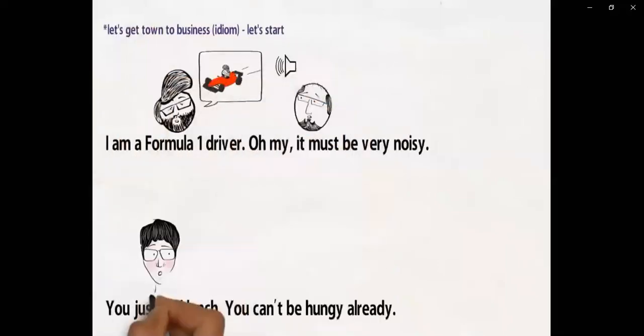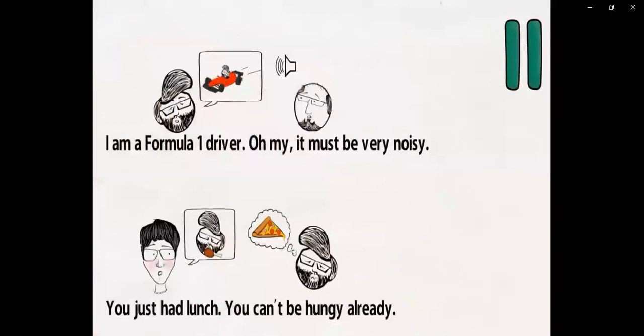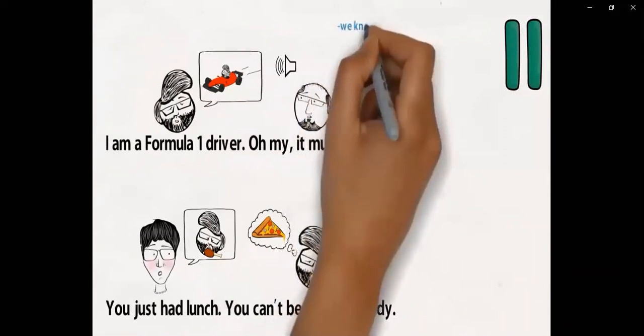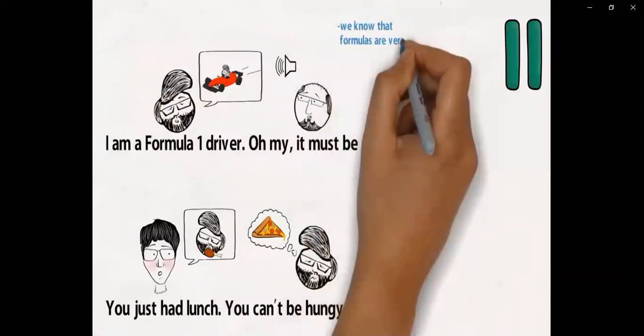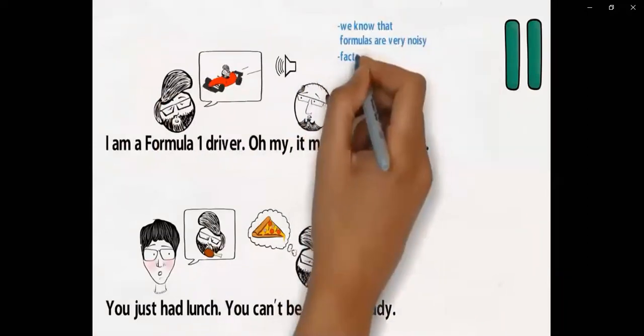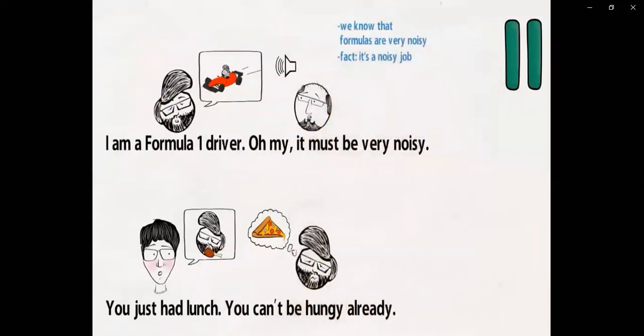Let's take a look at these sentences. Pause the video and, using your own words, try to explain why we used must in one example and can't in the other one. Okay, now let's see if your answers are the same as mine. In the first sentence, we know that formulas are very noisy, and from that we can conclude that it's a noisy job.